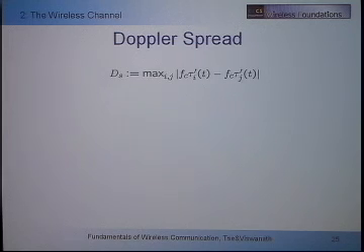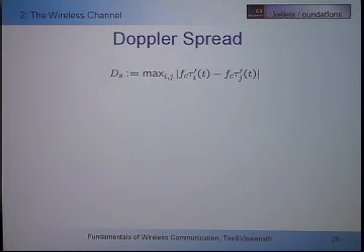So let's look at our expression again. The Doppler spread is the range of the rate of change of delay. So first observation is that the Doppler spread and the delay spread, are they related?